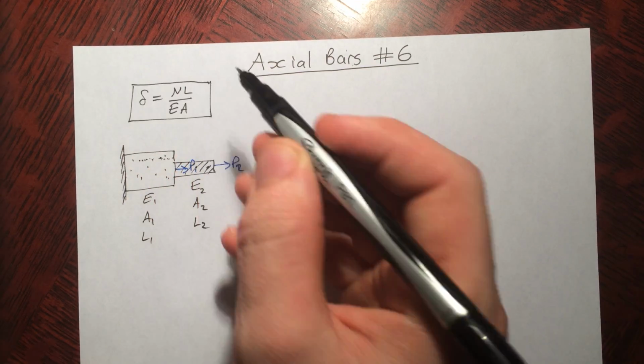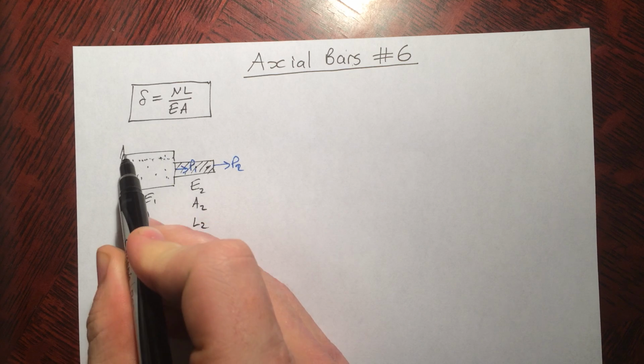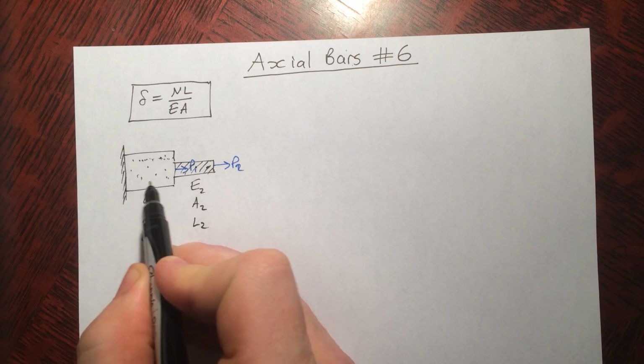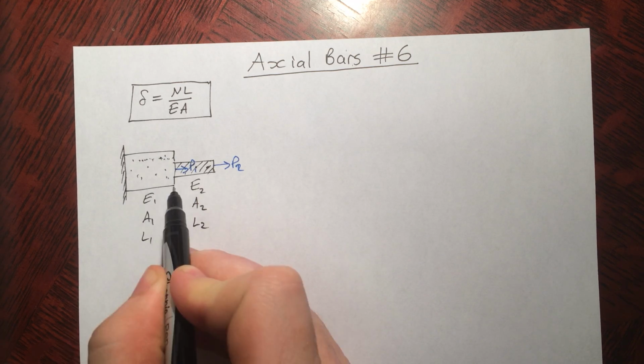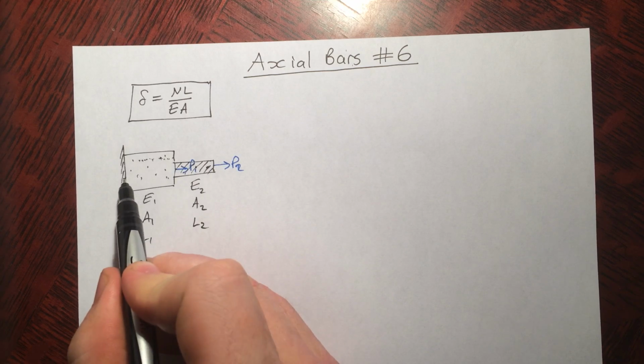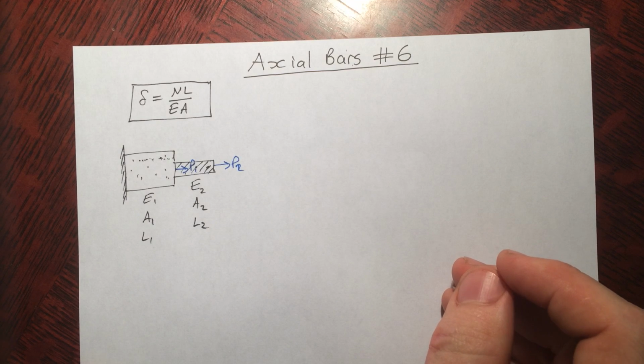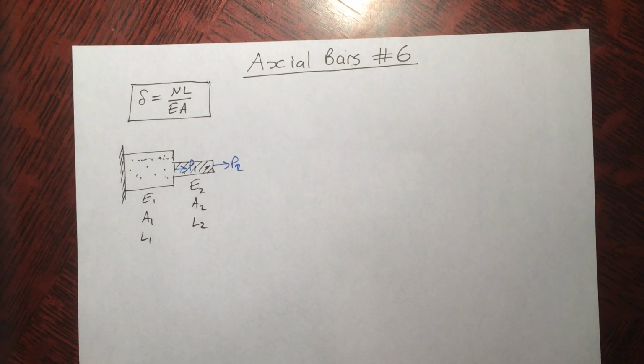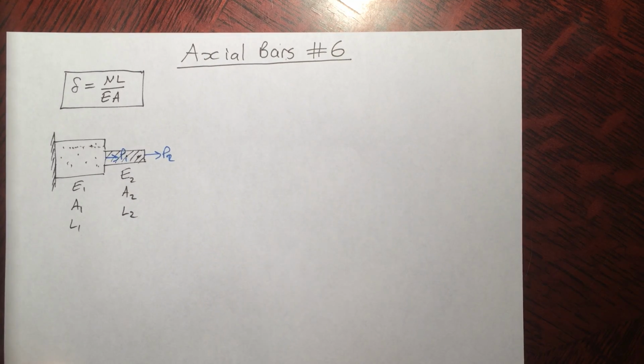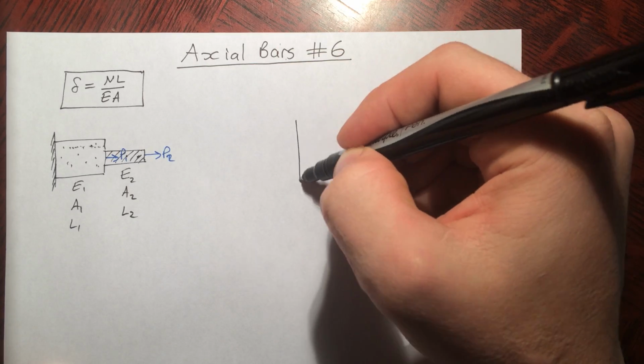So the elongation of, let's say, this piece by itself would be the normal force in that piece, the length of that piece, divided by the E of that piece times the cross-sectional area of that piece.